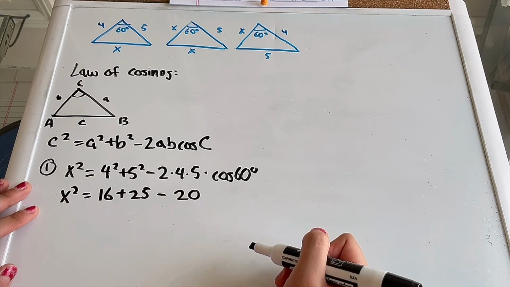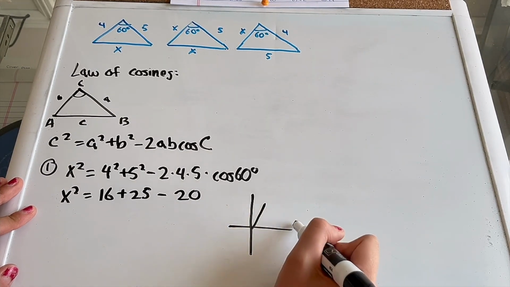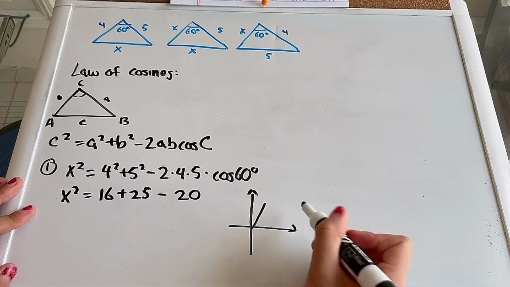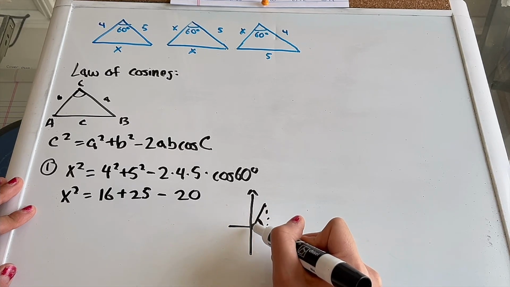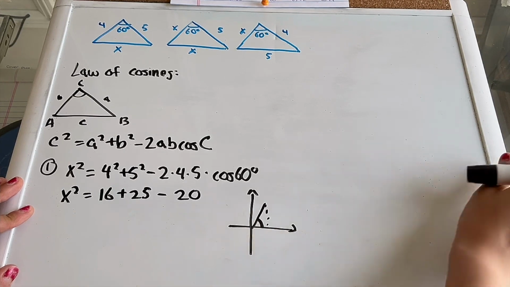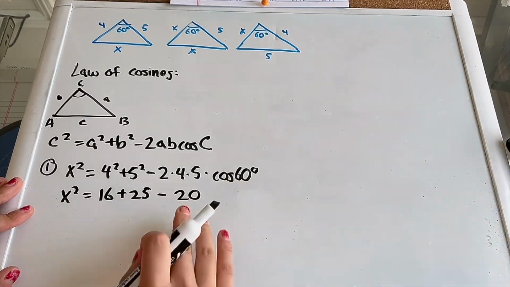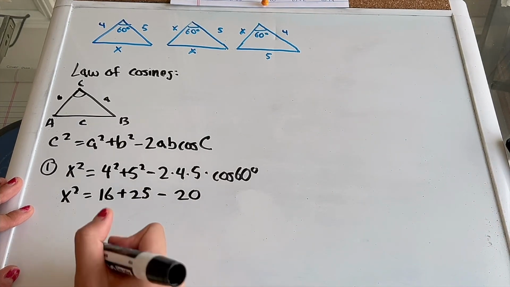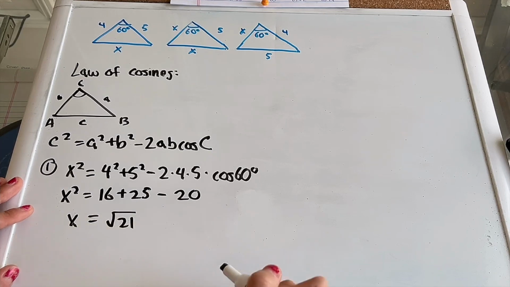If we draw a little diagram right here, we know that this is going to be 60 degrees. The cosine is going to be the x value, which is going to be 1/2. So it is 2 times 4 times 5 times 1/2, and that is going to be 20. And then we simplify, and we get x is equal to the square root of 21.